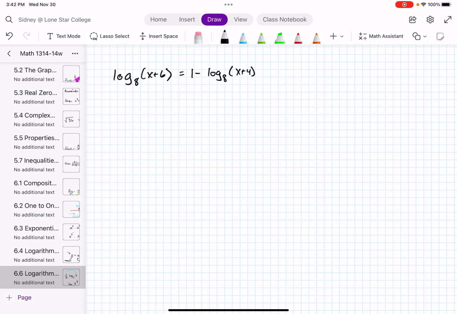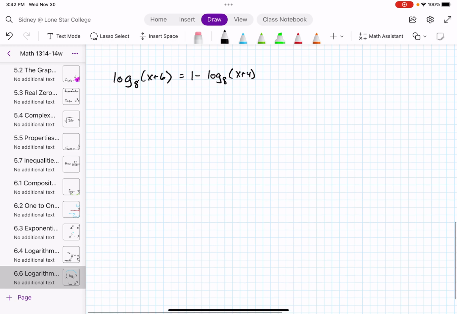Similar to the last one, when you have multiple logs, you typically want them written as a single log, although these are on opposite sides of the equal sign. So I'm going to start by adding log base 8 of x plus 4 to both sides. On the right-hand side, that will neatly simplify out. On the left-hand side, it's still going to be there, but in a position that will allow us to clean this up.